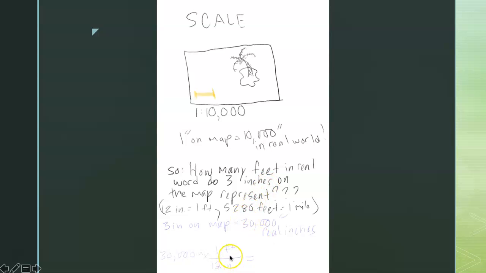There are 12 inches in a foot, so here's my setup. 30,000 inches times 1 foot divided by 12 inches will cancel out the inches. I will get a number followed by a foot. You can practice that one if you like and talk to me about your answer.